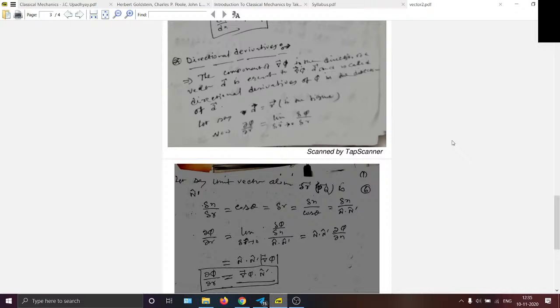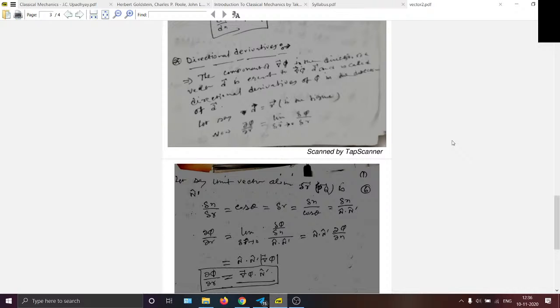For example, in a known problem, let's say a force is acting along some direction which has an angle theta to the x-axis. If you want to know the influence or the component of your force along the x-axis, you just take a projection of your vector f on the x-axis, and you get the influence of your force along the x-axis.